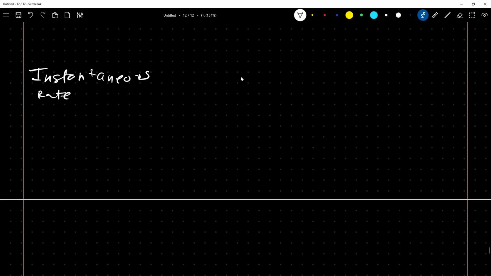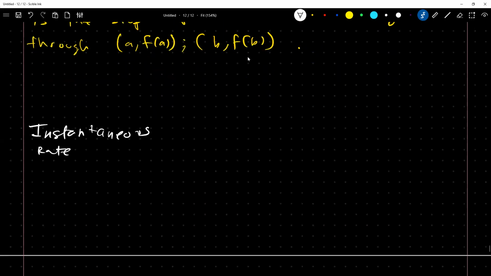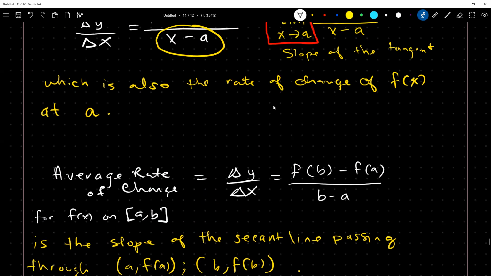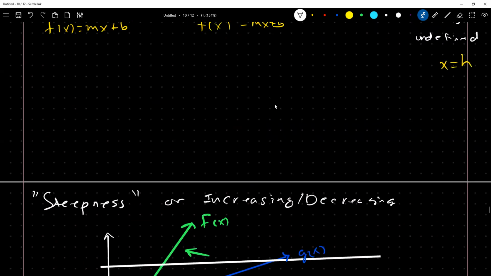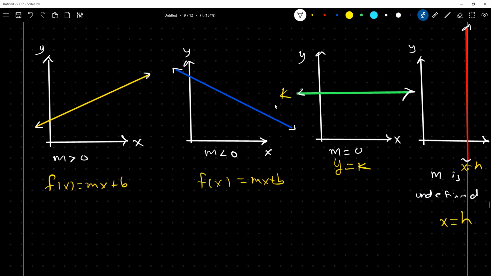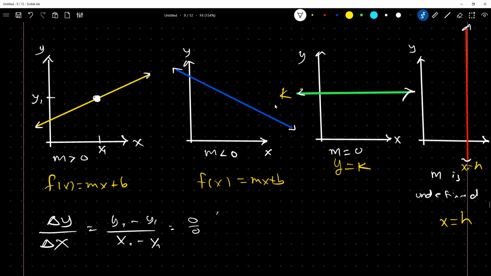So I'm going to stop writing this for a moment and go off on a little tangent here. If I try to use this gradient formula on one point, so here's my point, x1, then it will fail, and you'll see why, because we're going to get y1 minus y1 over x1 minus x1, which equals 0 over 0.